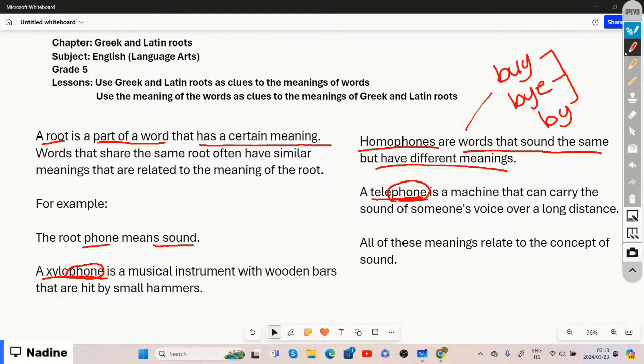Literally all three are different words, but because all three have the root word phone, and phone means sound, the meanings of these words are kind of similar, or related, due to the fact that the meaning of the root is the same.